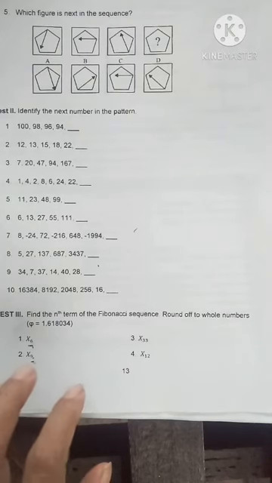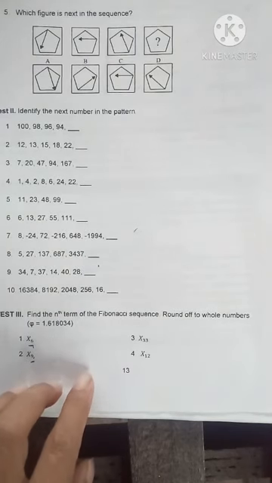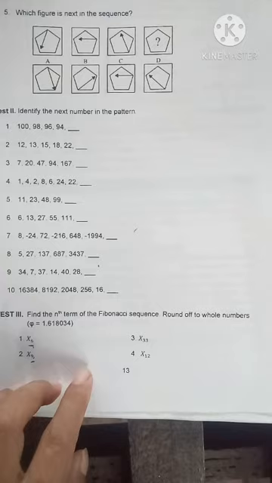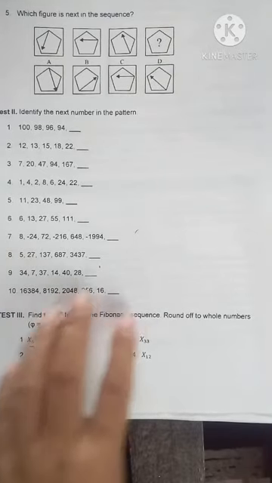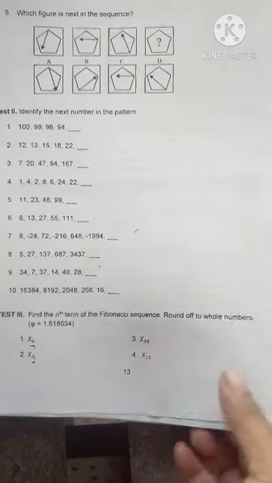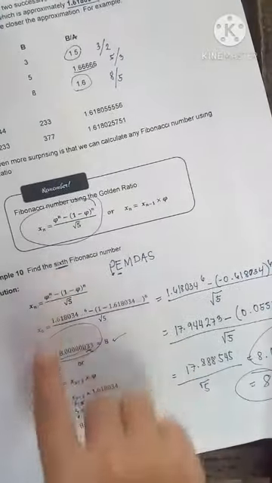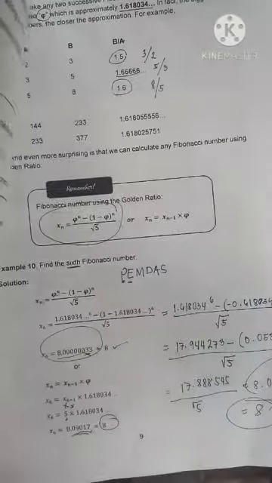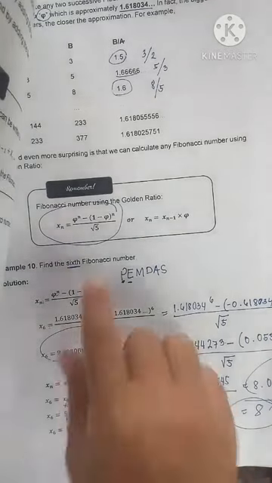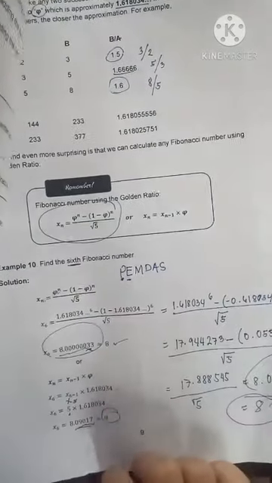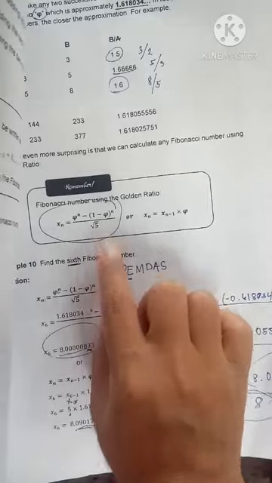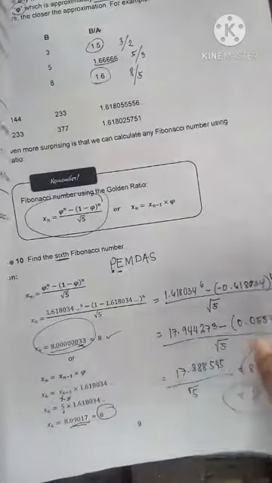So here, you have to use the formula in finding the Fibonacci number using the golden ratio, the one that we had earlier, on page 9. This one. Okay, so just use this formula and do the same as what I have shown you.